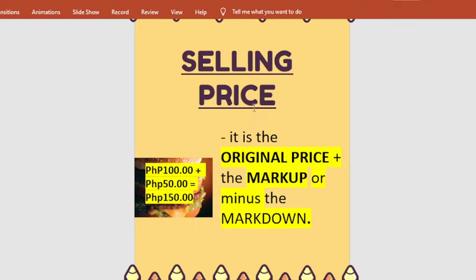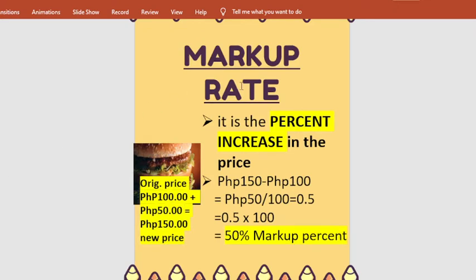So, when we get the selling price, it is the original price plus the markup or minus the markdown. Okay? So, markup rate, it is the percent increase in the price. So, when we say markup, it is the increase of amount, no? Rate siya, so it should be written in percentage, okay?